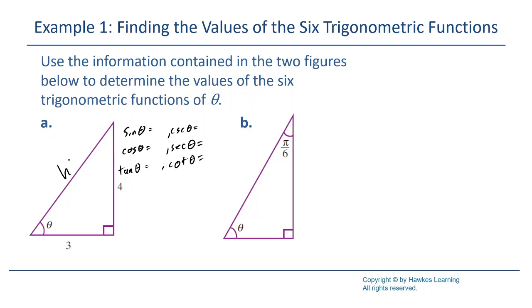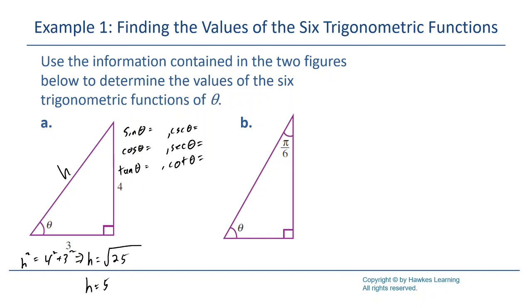Then H will be equal to, based on the Pythagorean theorem, H squared is going to equal 4 squared plus 3 squared. So then we have that H is equal to the square root of 16 plus 9, which is the square root of 25. So that means that H is equal to 5.